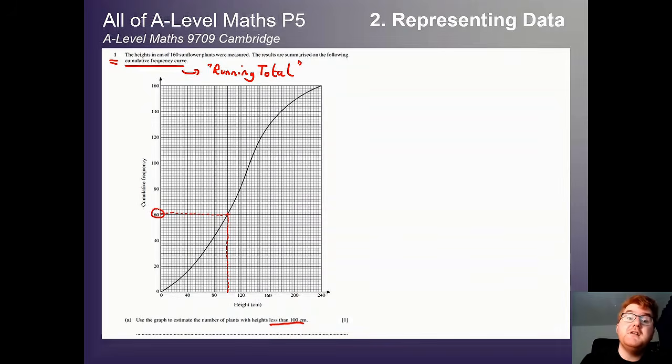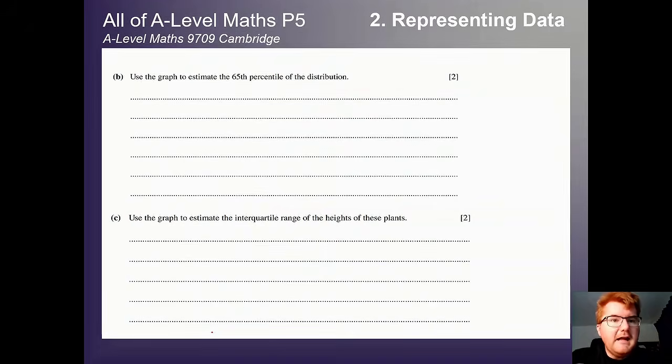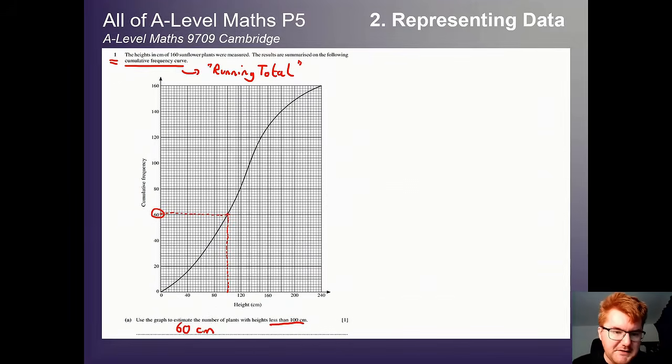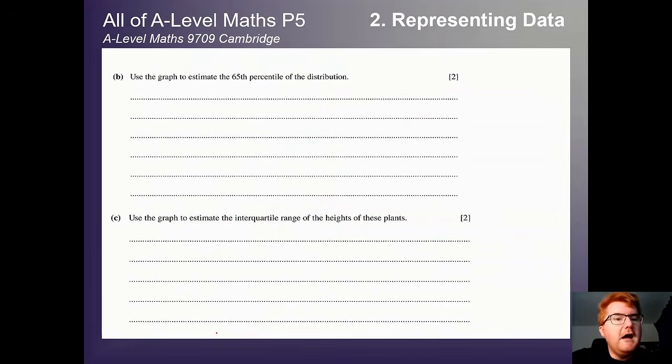If the question asked more than 100 centimeters, that would then be equal to 100. We're looking upwards, not downwards. So here the answer is just equal to 60, just like so. Use the graph to estimate the 65th percentile of the distribution.